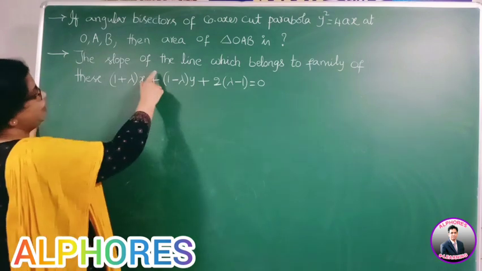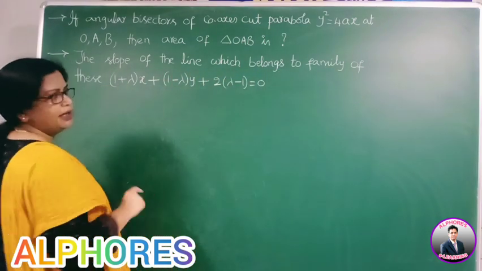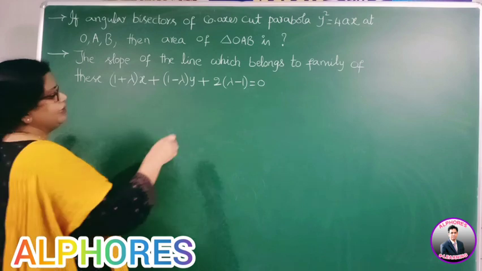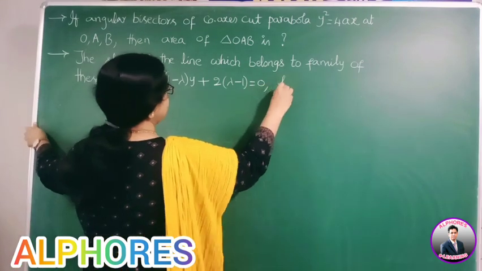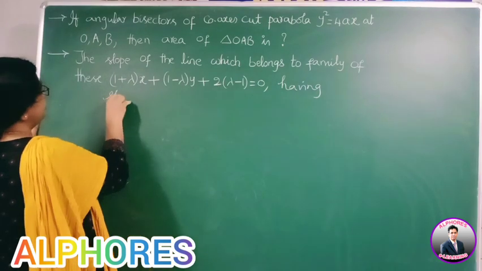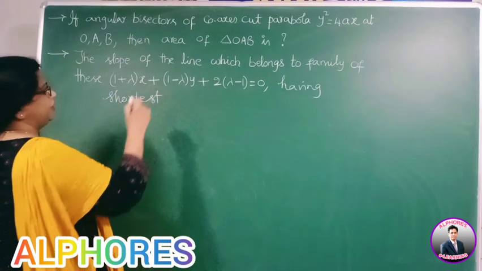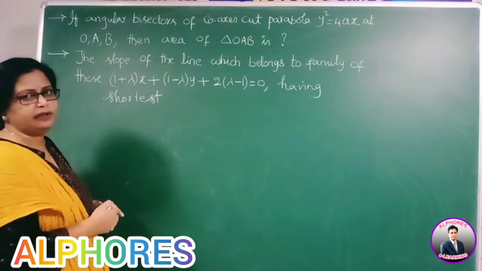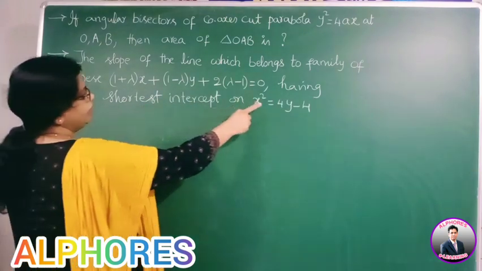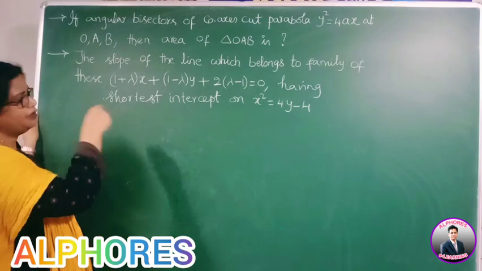So the slope of the line belonging to the family of these lines and having the shortest intercept on the parabola x square equal to 4y minus 4, that equation is given.